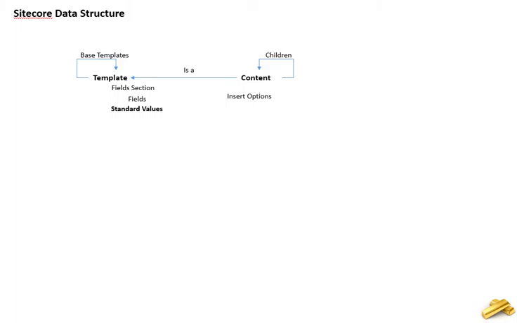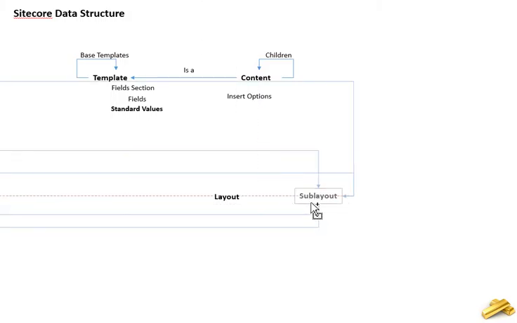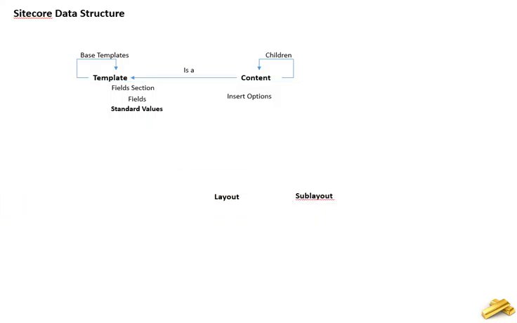Before we go to the standard values, let's talk about layouts and sublayouts, which are two other key concepts. Essentially, a layout maps to the ASPX or CSHTML, which is usually a master page.